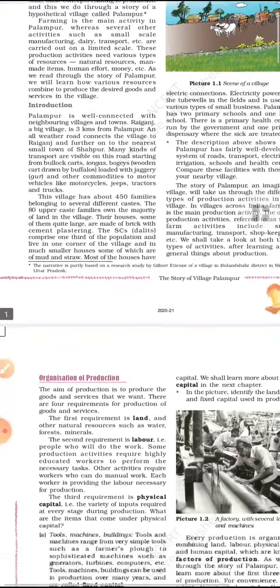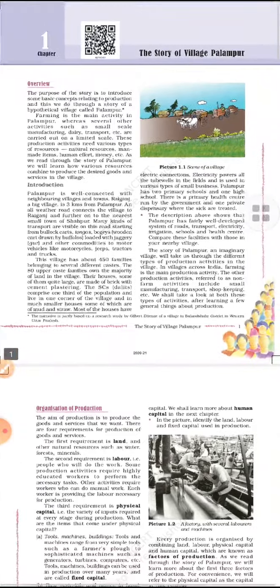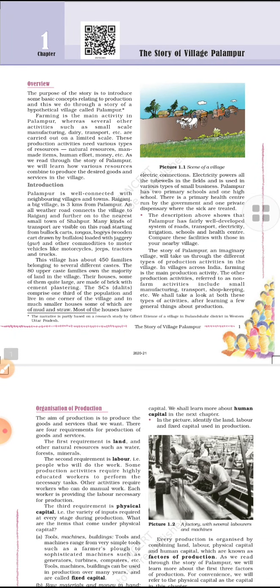So the first chapter is related to primary activities, that is, agriculture activities, and we know that every person is connected to the village, and we have a beautiful imagination of village. The people who live in villages enjoy life because it is free of pollution and free of tension, anxiety, and so on.